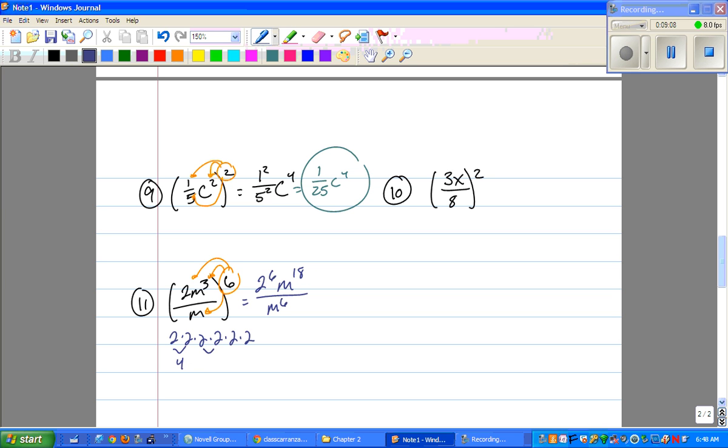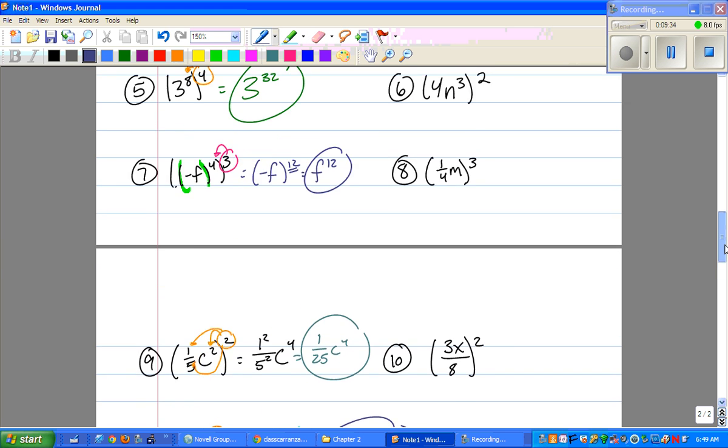We can break those down. 4 times 4 is 16, and 16 times 4 is 64. Now here's the rule that we just went over quickly. You need to subtract those exponents, and you get m to the 12th, and there's nothing below.